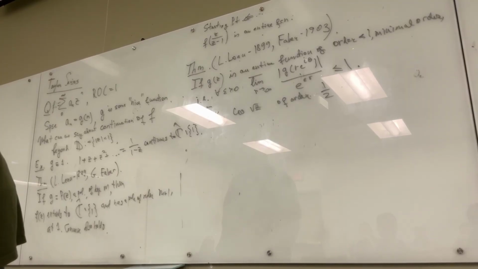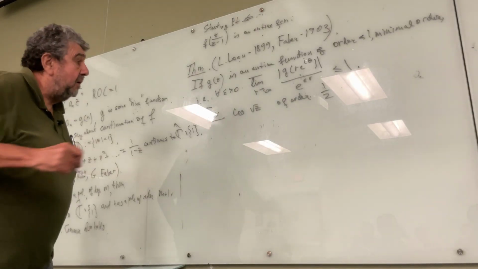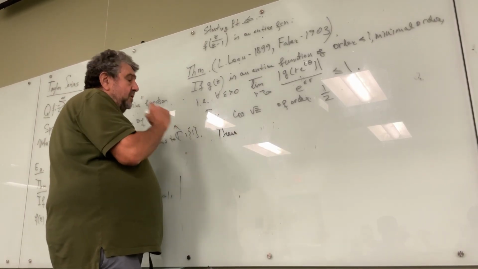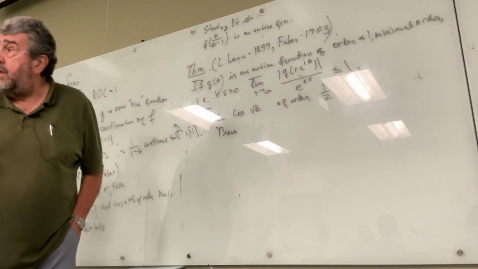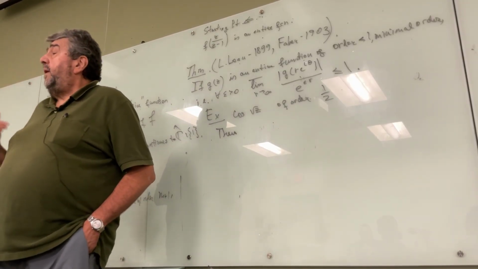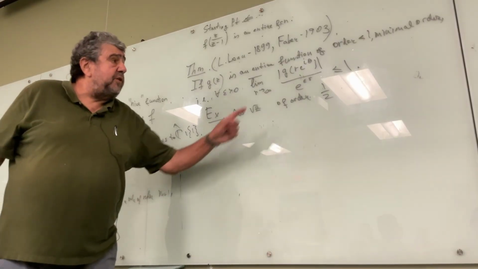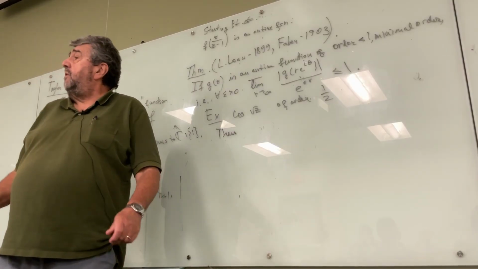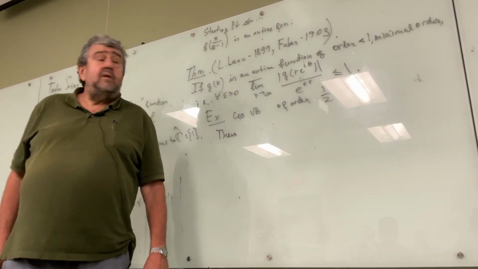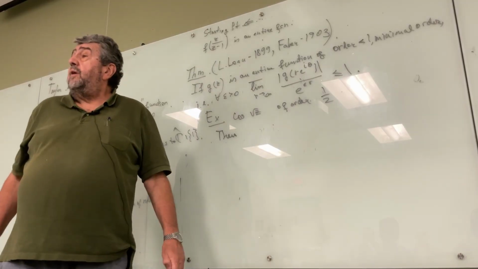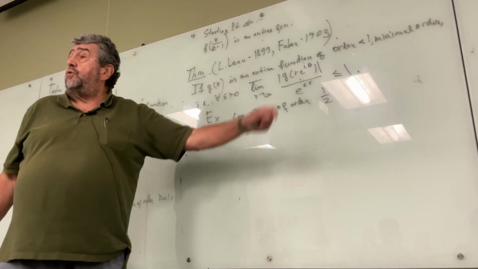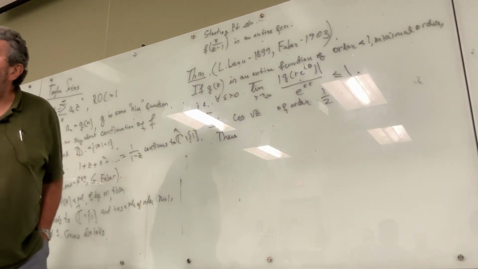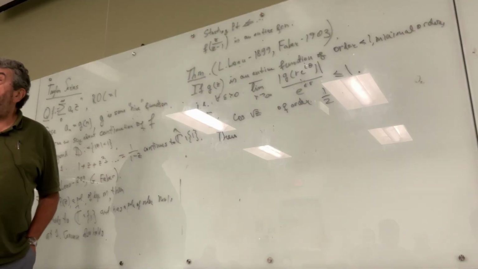If I ignore this limit, it just means that starting with some r, when you go to infinity, it grows not faster than any exponential of the first order. But cosine of square root of z is of order exactly 1/2. Okay?